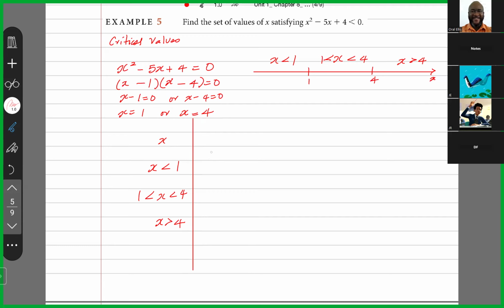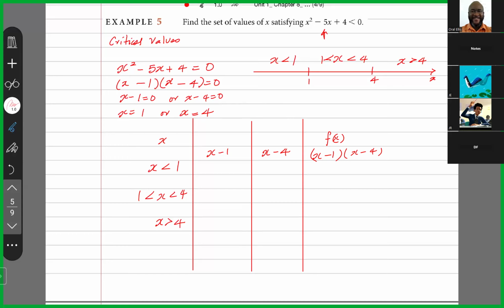Next I'm going to have x minus 1, I'm going to have x minus 4, and I'm going to have f of x, which is x minus 1 multiplied by x minus 4.